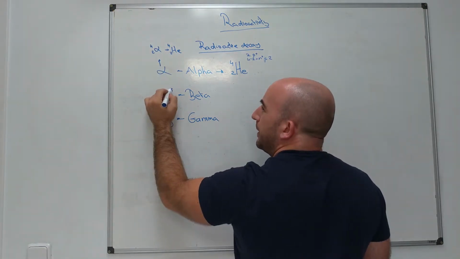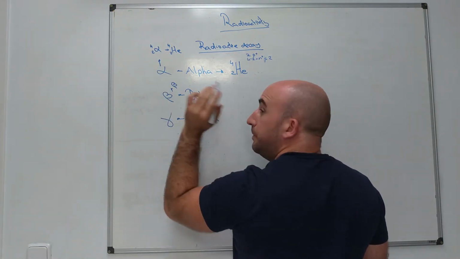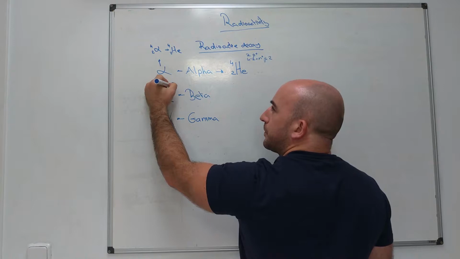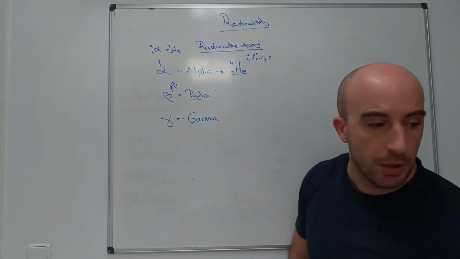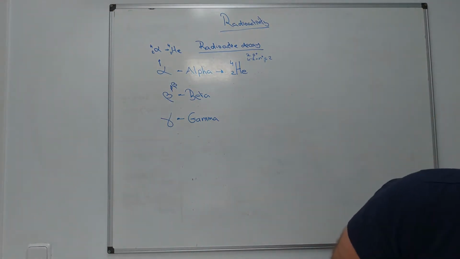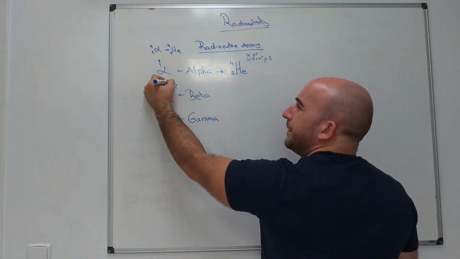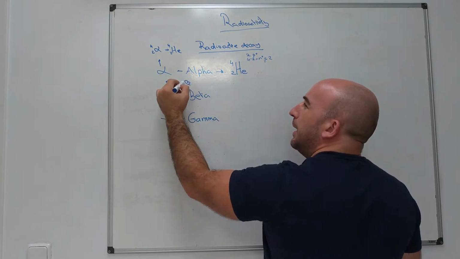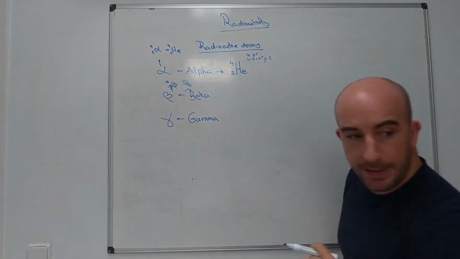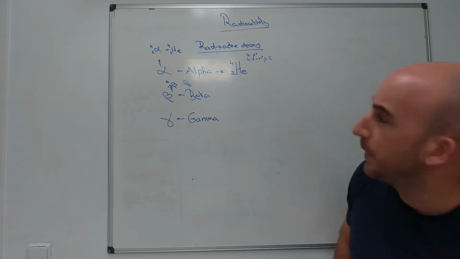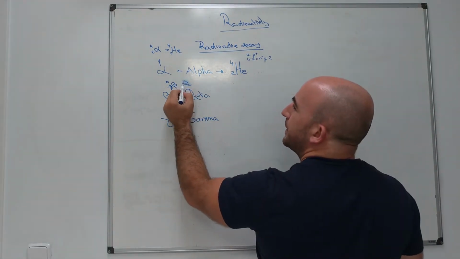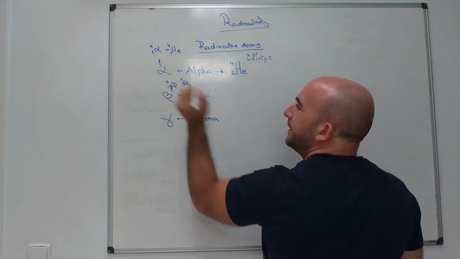So beta can be represented as it loses one, it gains one proton. As it gains, we put it as negative, or we can also see it as this, because what is being emitted is an electron.